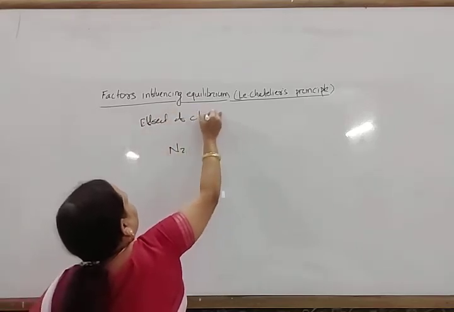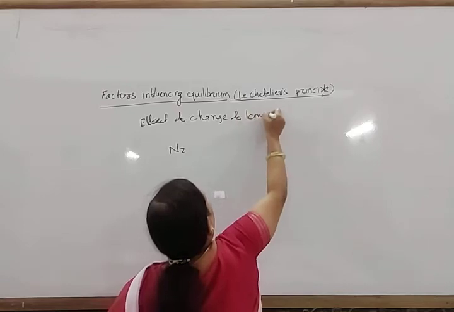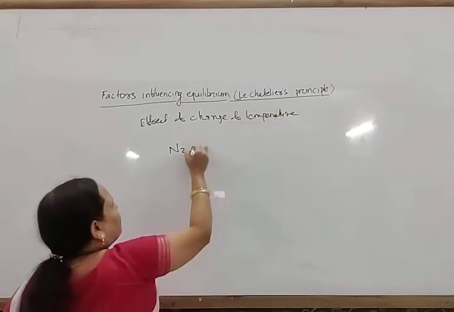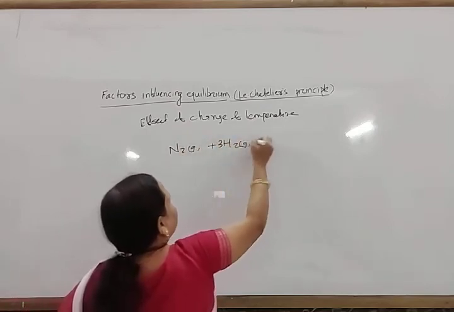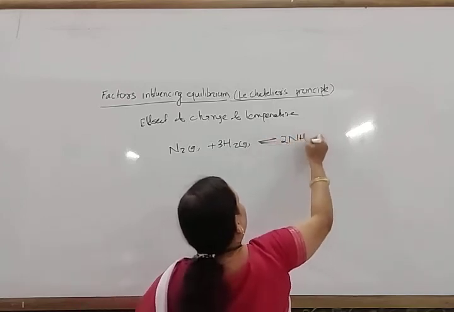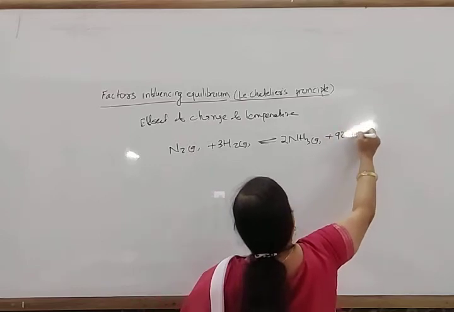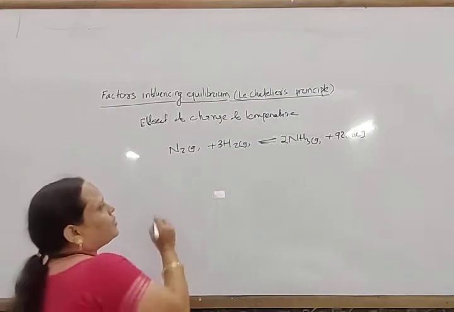Suppose the same reaction, N2 gas plus 3H2 gas gives rise to 2NH3 gas, and it gives 92.4 kilojoule of heat.